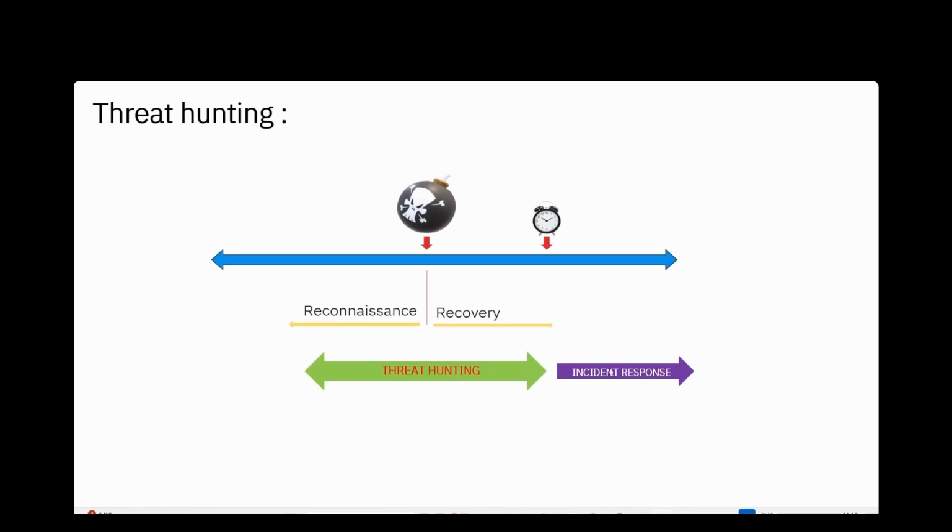Remember, the incident response here is reactive and threat hunt is proactive. That's the biggest difference here. As much as possible, it would be nice if we could go back to the phase to the left of the boom and anticipate some of these things.